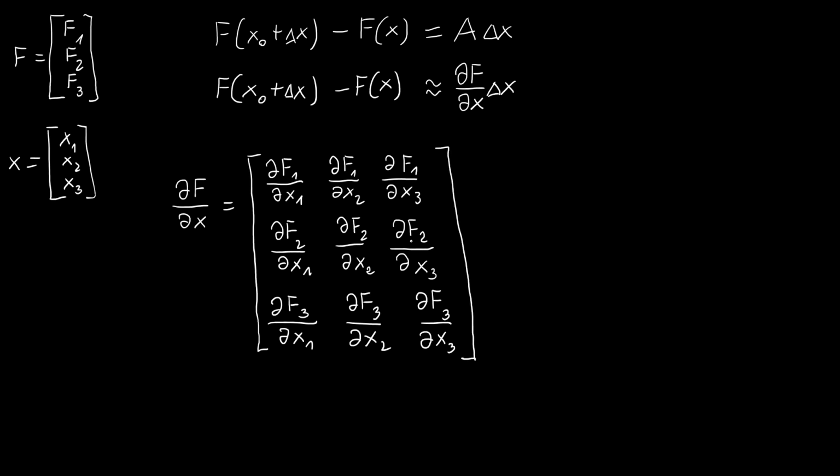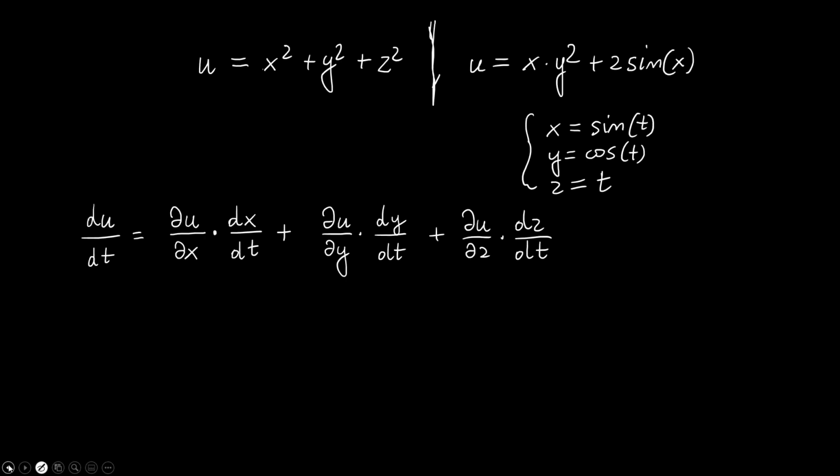We introduced this a bit earlier, if you remember, when we had a real value which depends on three arguments, we introduced the concept of partial derivative, which is simply a derivative with respect to one of these variables. So here we can have these three partial derivatives.